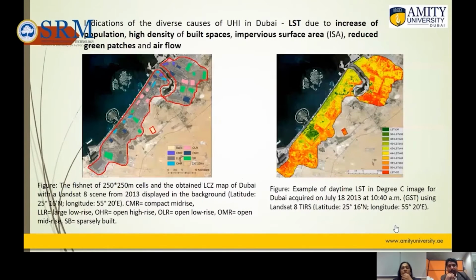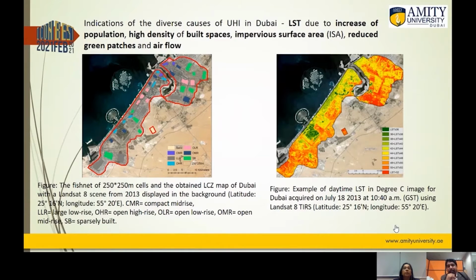we can understand how the classification of the mapping can be further understood with reference to knowing the city: what kind of density the city has, the population, the areas where you could see the ratio between the built and the open, the surfaces being impervious, the surfaces having green patches, the surfaces having a certain wind pattern and its flow which is maintained.